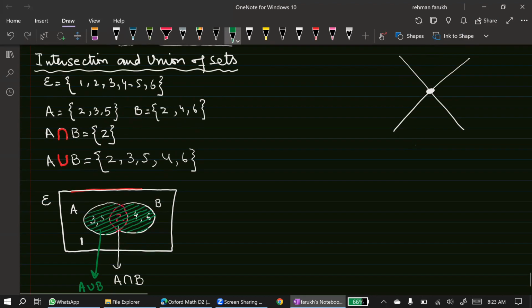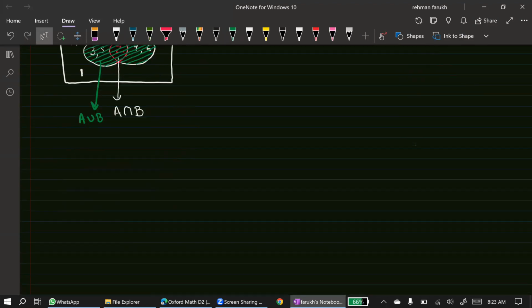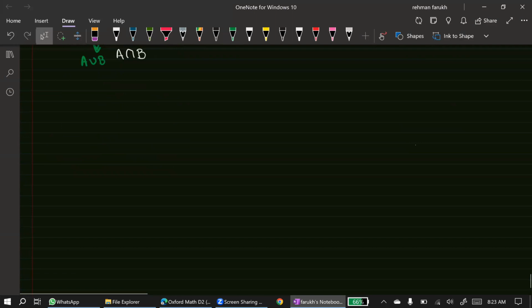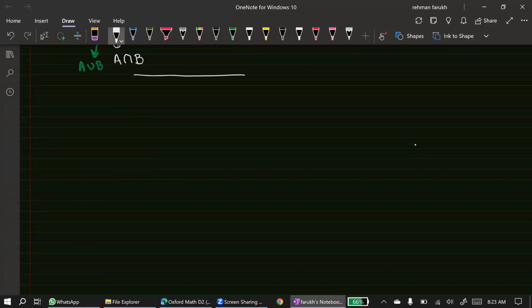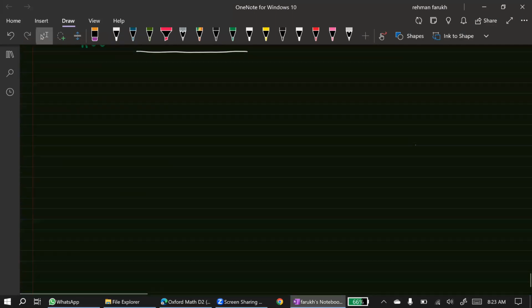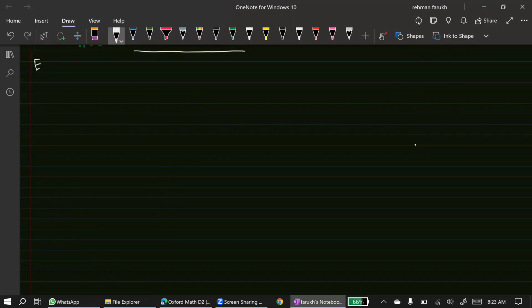Now I will elaborate this concept with the help of another example. The universal set is 1, 2, 3, 4, 5, 6.